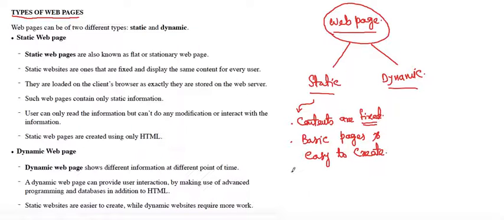No databases are usually present in static web pages. So there is no concept of databases, that means only text is provided on the web pages and we don't have any database on the backend.